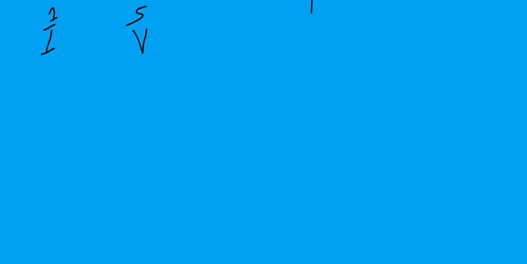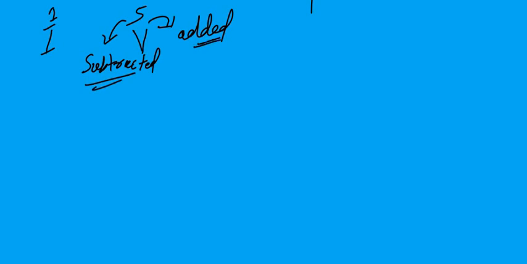So if I will write I just right to the V, then it will be added. And if I will write I just left to the V, that will be subtracted. So these are the two rules. If on the right side a smaller value is written, that will be added. If on the left side a smaller value is written, that will be subtracted.